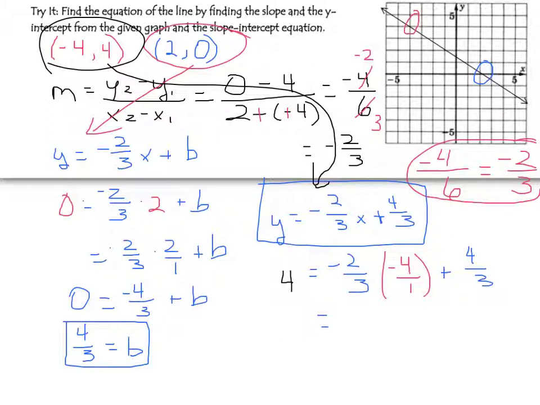Now we look at our first set of fractions, multiply our numerators, and we get positive 8/3, and 8/3 plus 4/3, they have common denominators, so all we have to do is add the numerators 8 and 4, and we get 12/3, and then when we reduce that, 3 goes into 12 4 times. So we get 4 equals 4, and we've shown that this equation is the equation for the line.